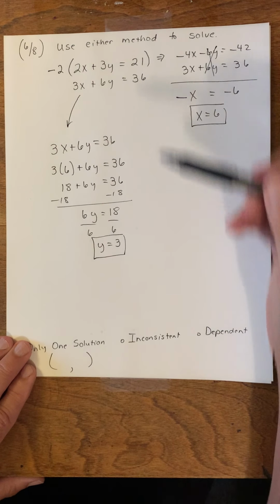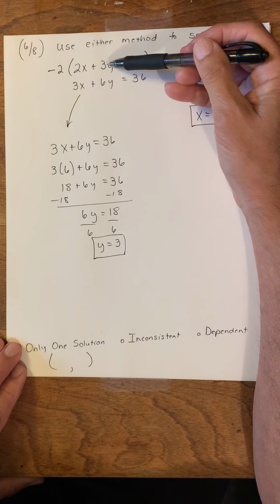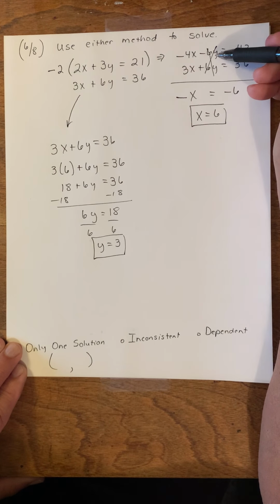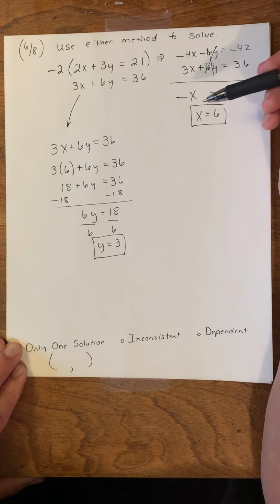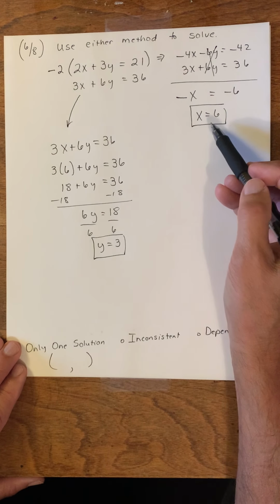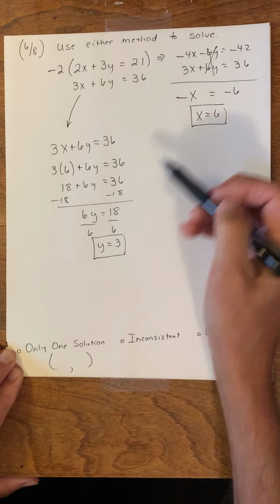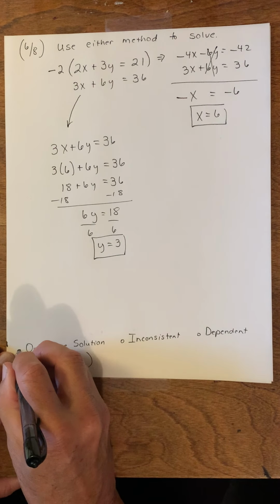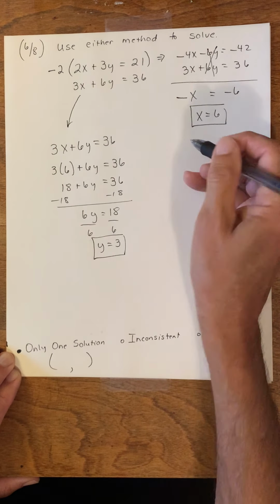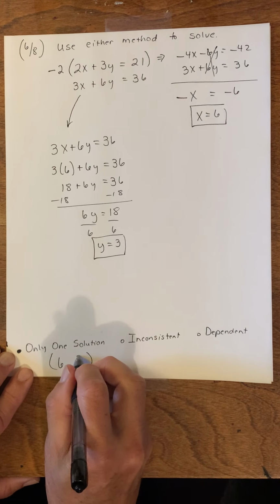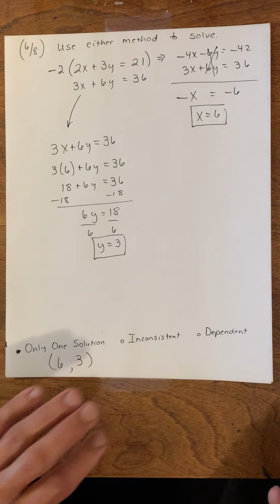Well, that worked out pretty nicely. I recognized that by multiplying this equation by -2, I could make opposites. So I made some opposites, added them together, and bingo, x is 6, y is 3. If I get x is something and y is something, it's always only one solution, and that is the one solution, 6 and 3. Not bad at all.